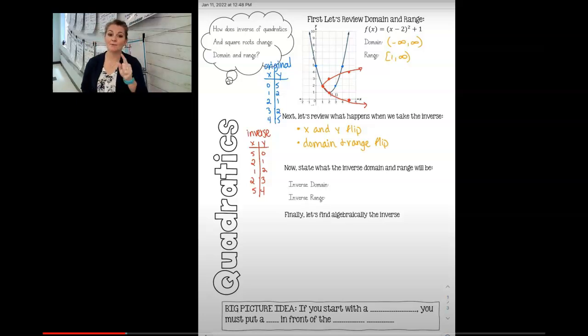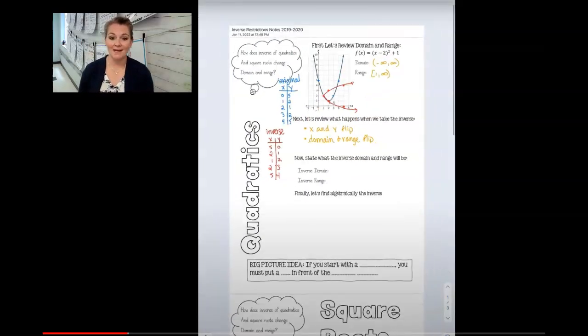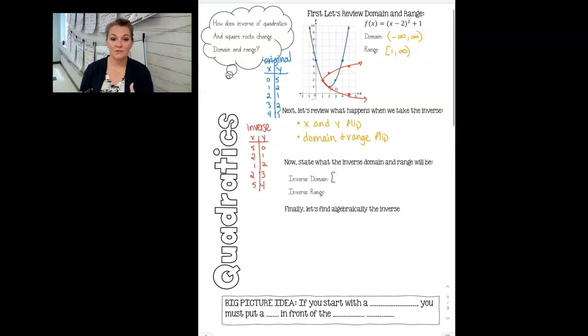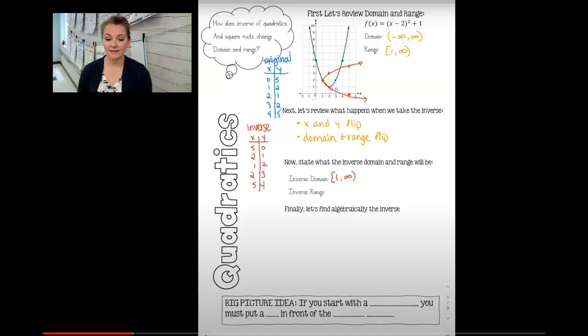Now I can use that graph to give me my domain and my range, or I could have done my domain and range before I even graphed it, because looking at that second statement, your domain and your range flip. So that means my inverse domain is now 1 to infinity. If you look at my graph, that's what it does. It's going as far left as 1 and as far right as infinity.